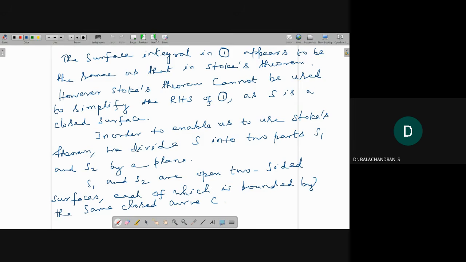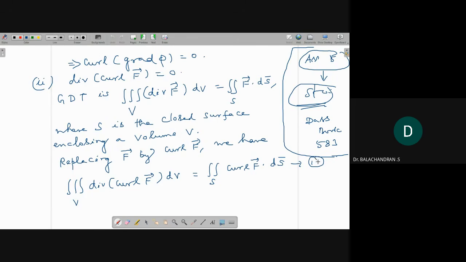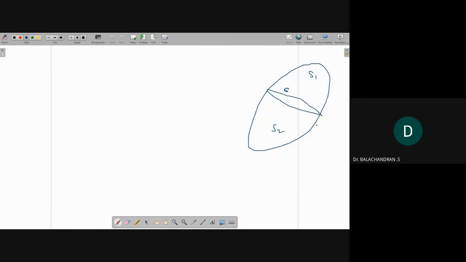So here you can see S1 and S2 are open two-sided surfaces, each of which is bounded by the same closed curve, capital C. Now, what is the right hand side of one? I will write this equation one again on the next page.